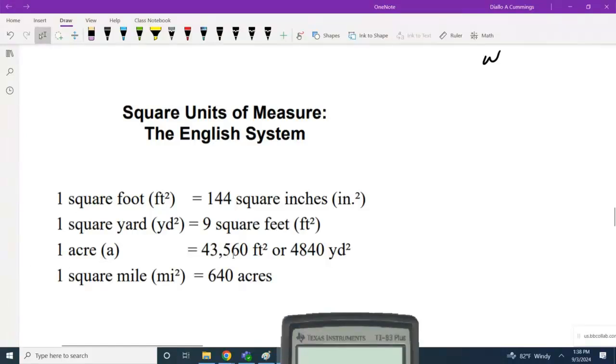So 1 acre is 43,560 square feet, or 44,840 square yards. And then the last conversion says that 1 square mile is 640 acres.